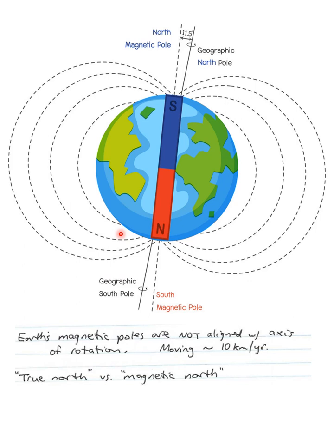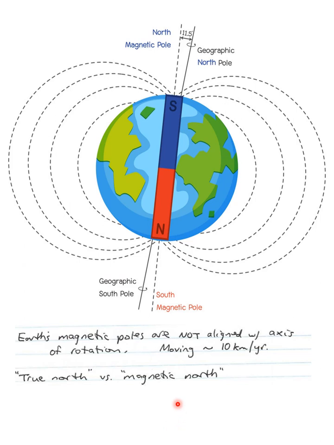They're somewhat closely aligned with the magnetic pole, but not exactly. In fact, the magnetic pole floats around and moves about 10 kilometers per year. So in navigation, we have to distinguish between true north and magnetic north.